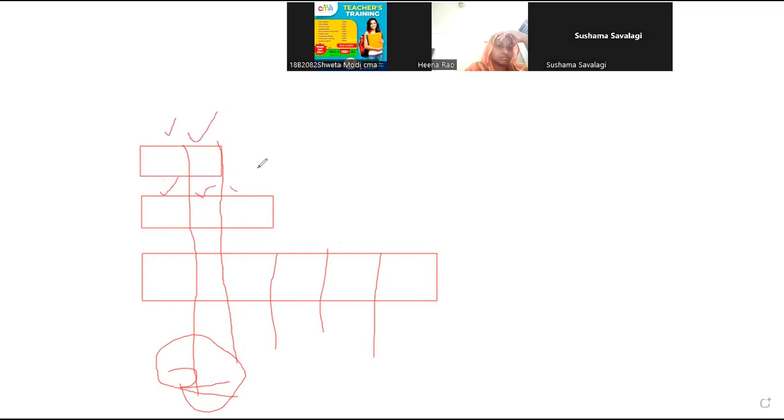So what is that number which is the highest? It means I cannot take any number after this to have equal divisions. So this way you have to make the children understand the meaning of highest common factor and lowest common multiple.